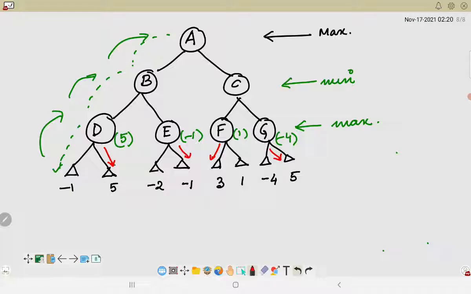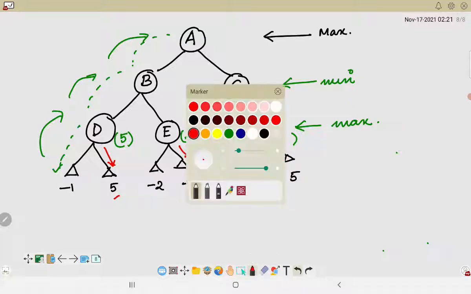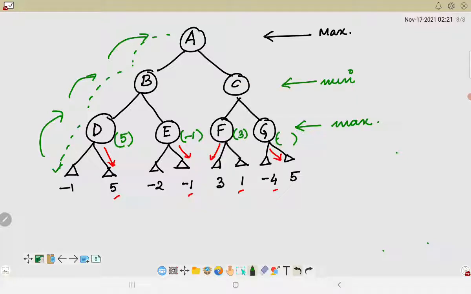So if Max chooses this particular direction, then definitely Max will win with a utility value of 5 for this node, and here as -1, here as 1, and here, sorry, here it should have been 5, and here it should have been 3. So because it is playing the maximum value, so 3 and 5. So here it will win with a utility value of 5, here with 3, here with -1, and here with 5.